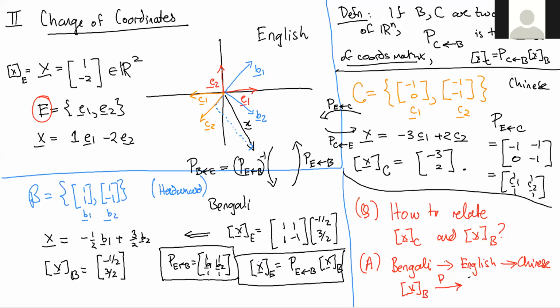P of E gets B inverse. P of B gets E inverse. So you just mean E gets B, right? Okay. And then you'd get the coordinates in the E basis, and then you'd multiply it by P of C gets E to get the C coordinates.